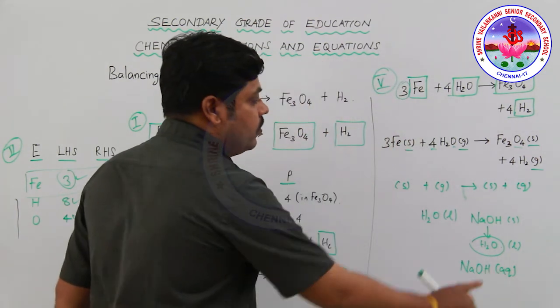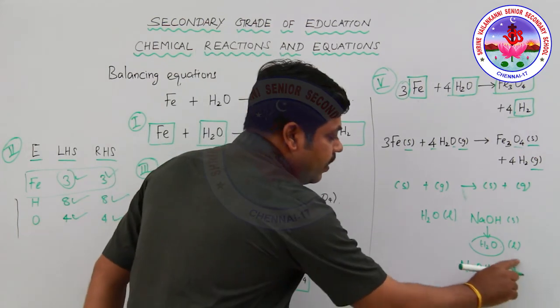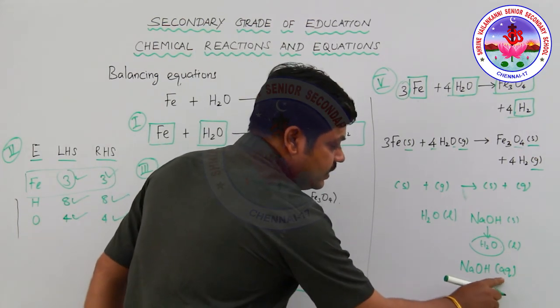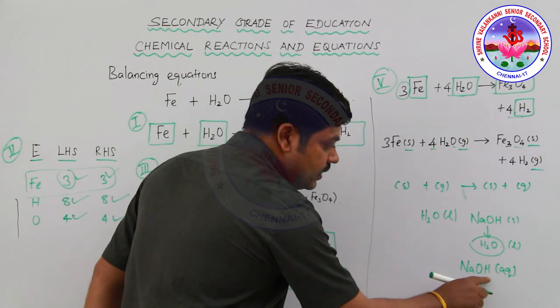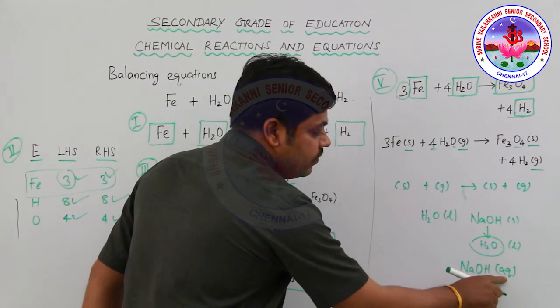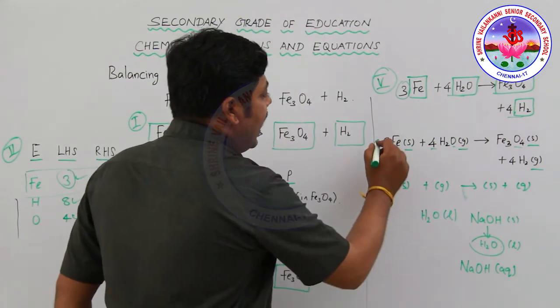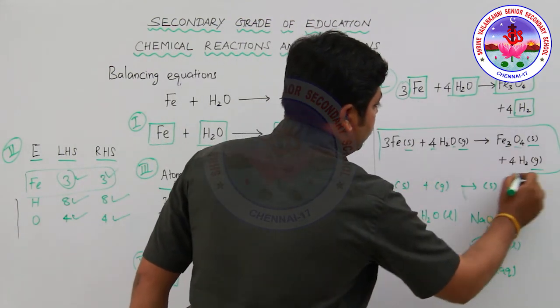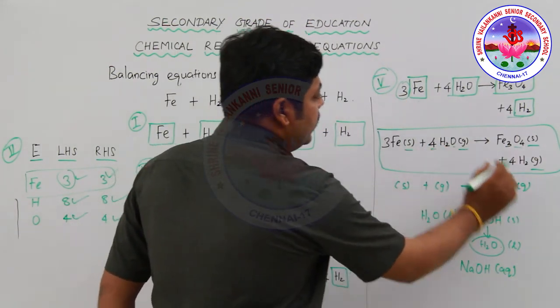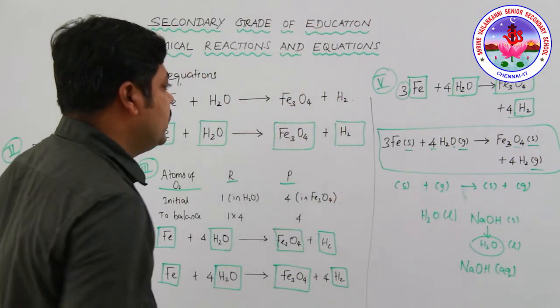So this also mentions the physical state. This indicates the substance dissolved in water. So this is called the aqueous form of NaOH. So this is the method of balancing the equation. Now the equations are balanced.